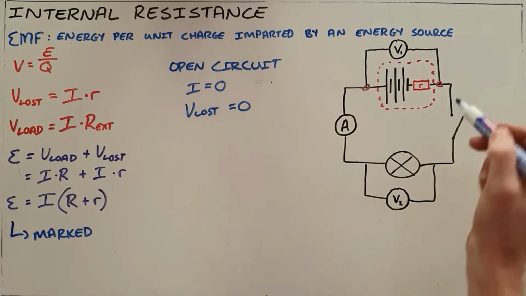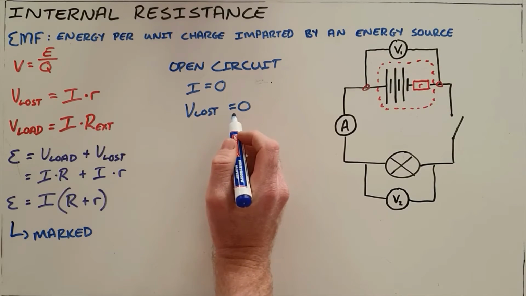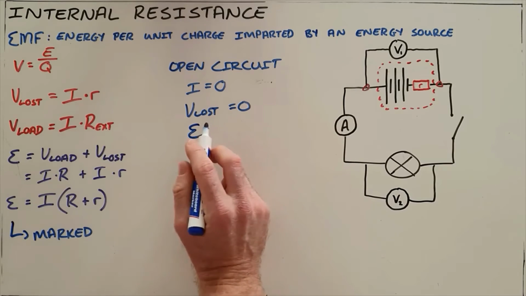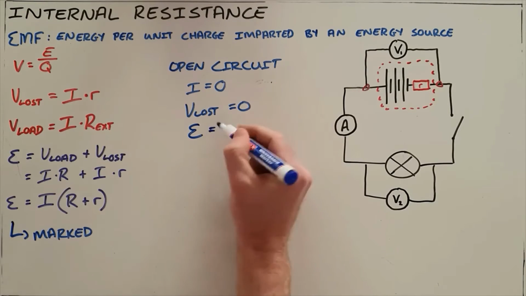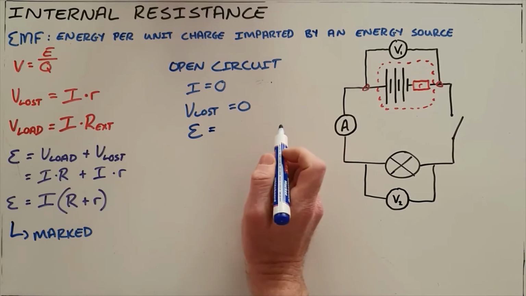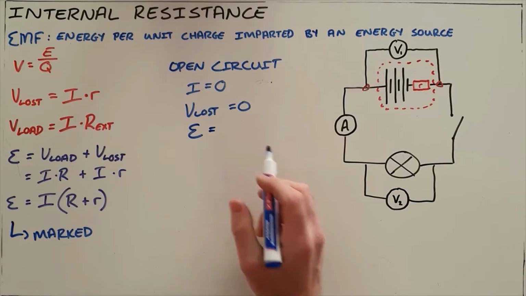So the voltage measured over the battery in an open circuit is our EMF. Because there are no lost volts, our EMF in that case is equal to the open circuit voltage, the voltage measured over a battery when the circuit is open.